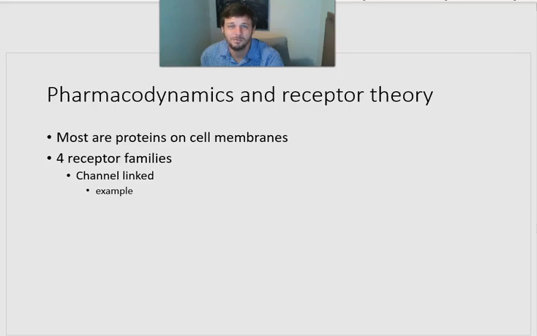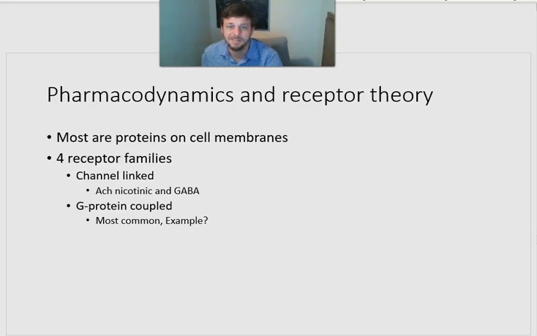The four major families that we're going to be talking about start with channel-linked receptors. Channel-linked receptors, again, you learned about this in physiology. Things like acetylcholine nicotinic receptors are channel-linked receptors. Your GABA receptors are channel-linked receptors, so when you activate them, they open up a channel, like a sodium channel or a chloride channel.